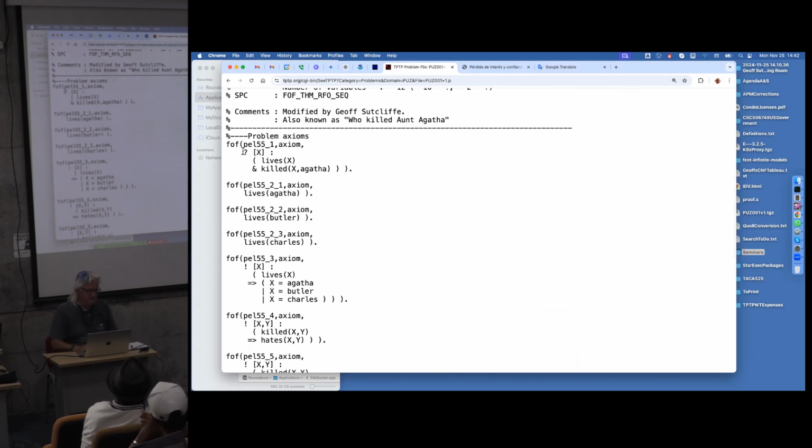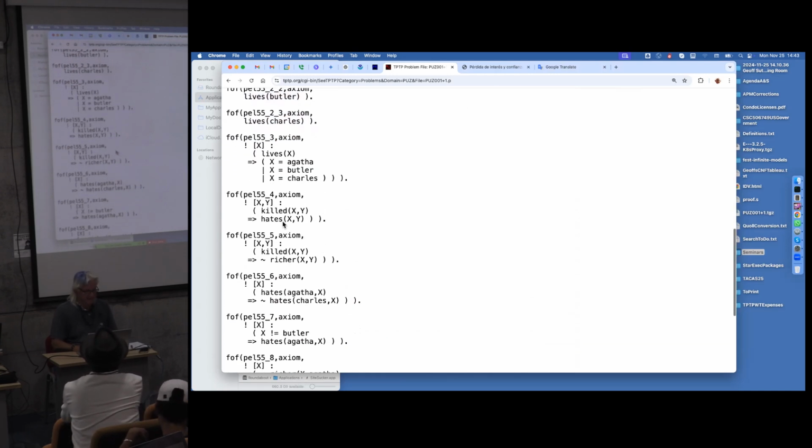It says, there is some person X who lives in the mansion, and X killed Agatha. Somebody killed Agatha. Here we see the people who live there: Agatha, Butler, Charles, Mayordomo. And here we see, if X kills Y, that means X hates Y. So you can write this all down logically.